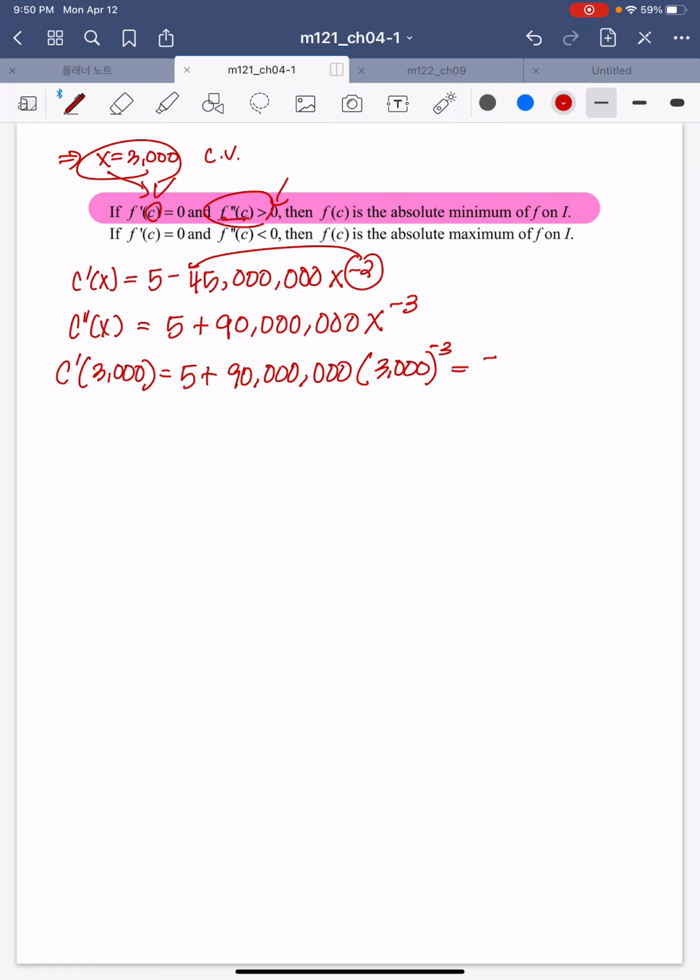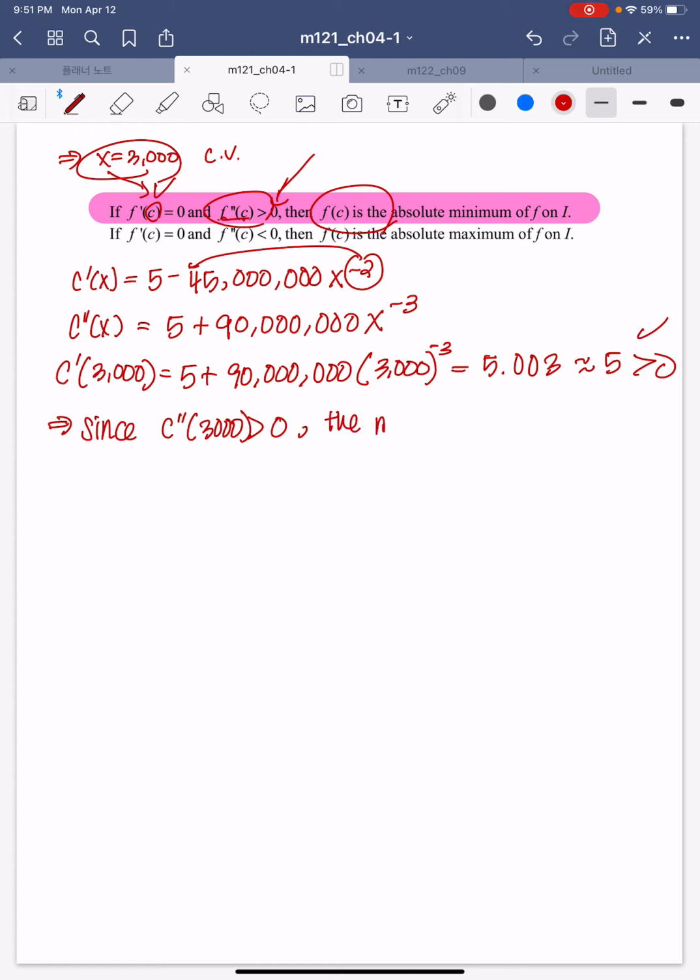I got 5.003, so about 5. So that is a positive number, so check. So that means since C double prime at 3,000 is positive, greater than 0, the minimum cost occurs when x equals 3,000.